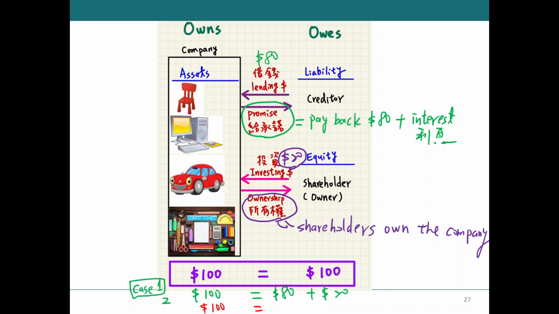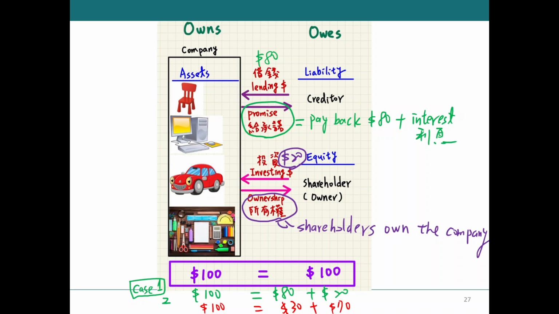They told you the money they will give you is only $30. So what does it mean? You still need $70. So you will go to investors to see if investors will invest $70, right? Okay. So you will get $70 from investors.